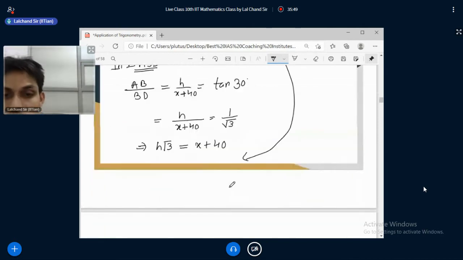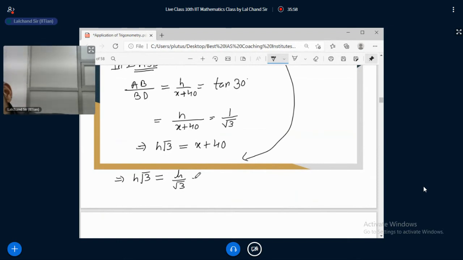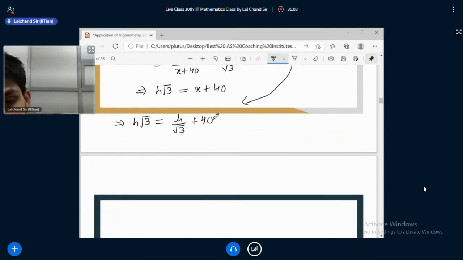H by root 3. So if we substitute here, then we have H root 3 equal to H by root 3 plus 40. Okay, so if we simplify this, then H root 3 minus H by root 3 equal to 40. If we take LCM here, then we have 3H minus H divided by root 3.